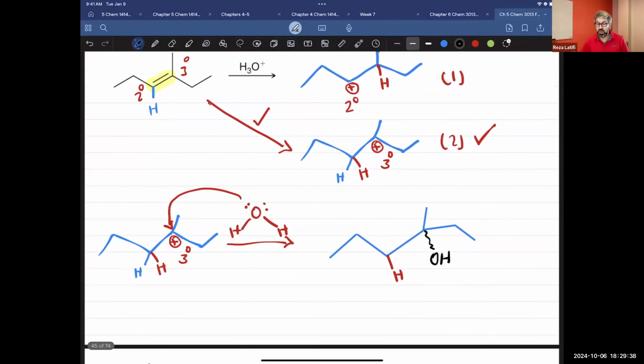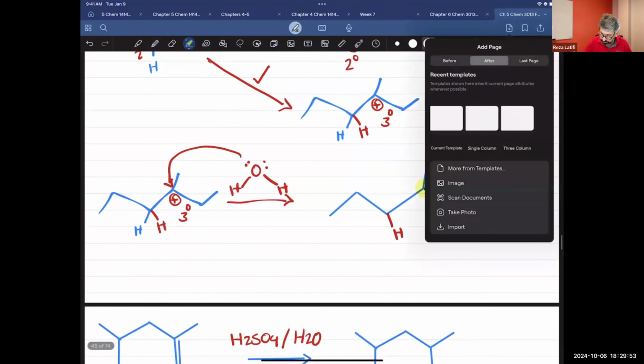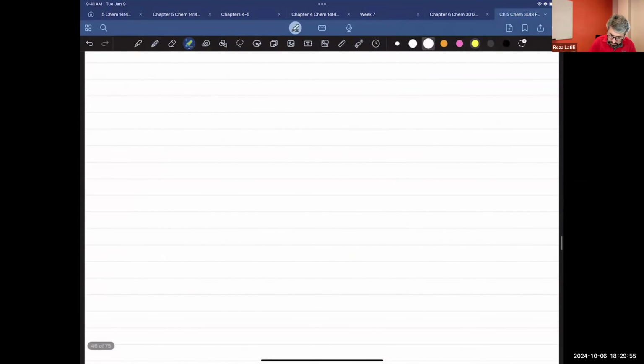Okay. Now, if I go after this center, this carbon, I see 4 different substituents. So that carbon can be a stereocenter. And yes, that carbon is the stereocenter. And let's review it. So we have this.